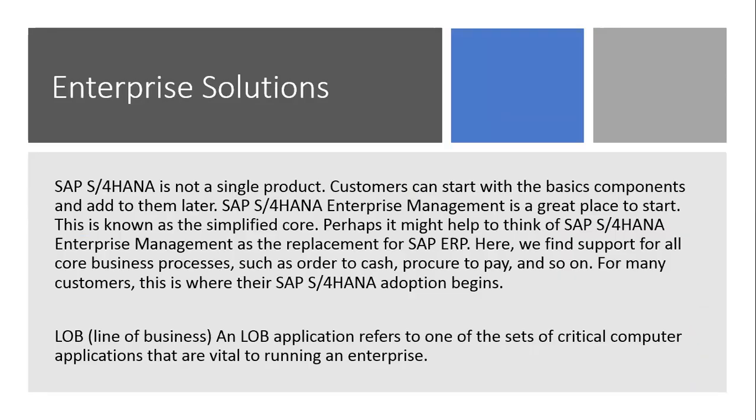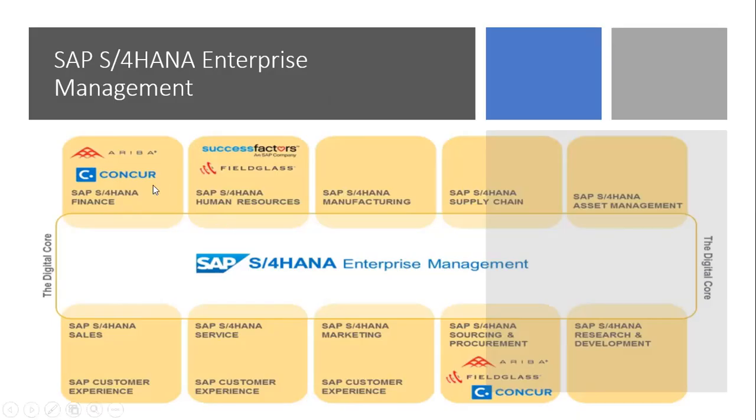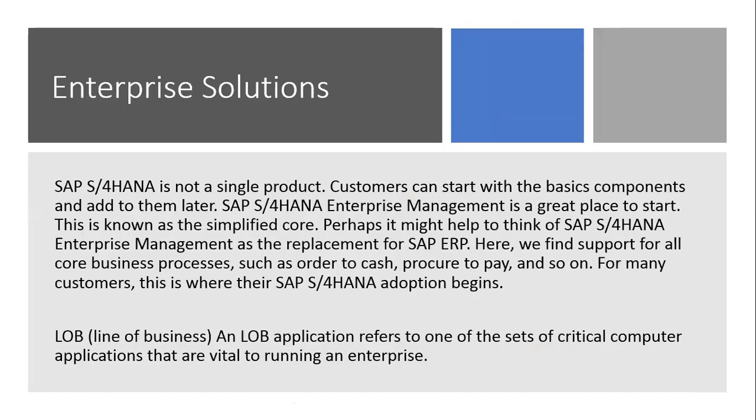So for enterprise solution, SAP S4 HANA is not a single product. Now customers can start with the basic components and add to them later. So these are what we call the basic components that S4 HANA is offering. SAP S4 HANA Enterprise Management is a great place to start. This is known as the simplified core. So you can start from any of those modules and grow your business as you progress.